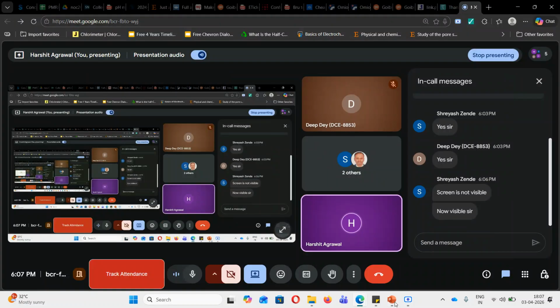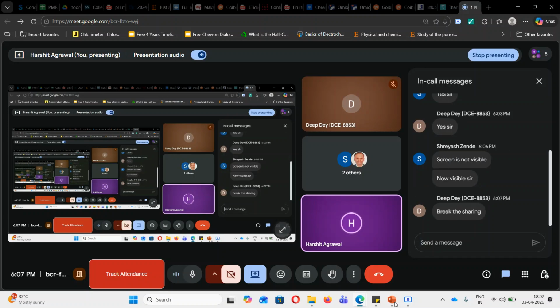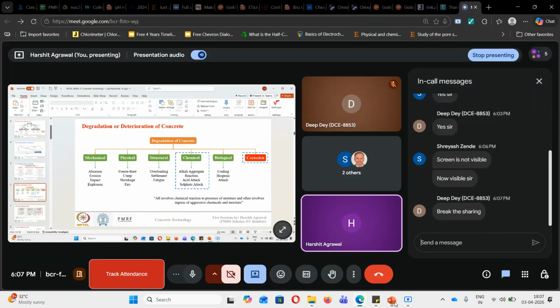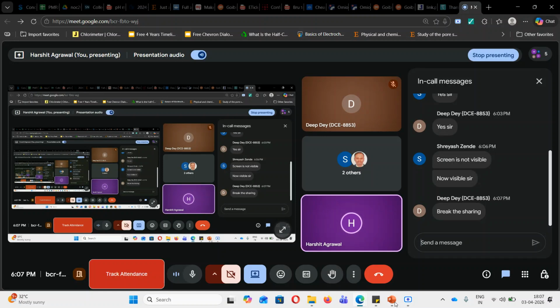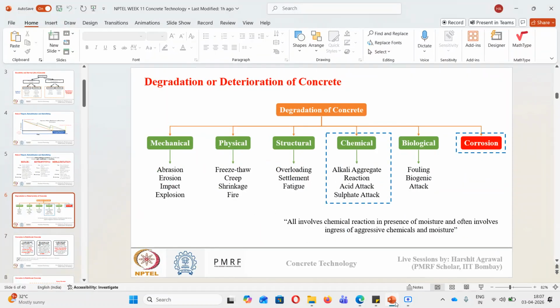So it might be due to some network issues at your end, maybe, because today my network won't be a problem. Whenever there is a screen issue or something which is not visible to you and I have discussed, just unmute and speak or try it in the chat box. I will revisit that slide again. It should be visible today. There should be no network issue.